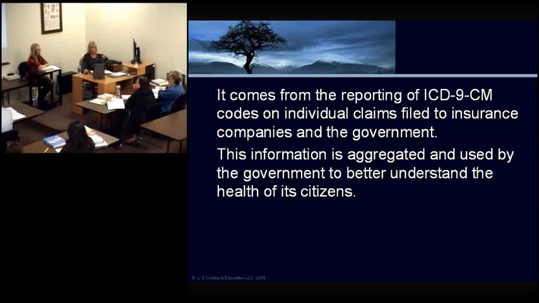So where that information comes from about the Alzheimer's and so forth, it comes from the ICD-9 codes on the individual claims filed to the insurance companies and the government. This information is aggregated, used by the government to better understand health of its citizens. So they cooperatively share information, the insurance companies and the government.